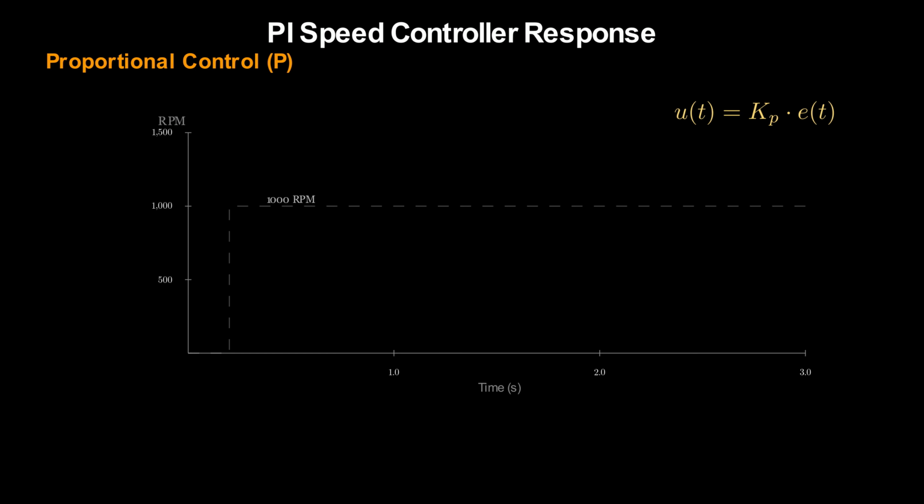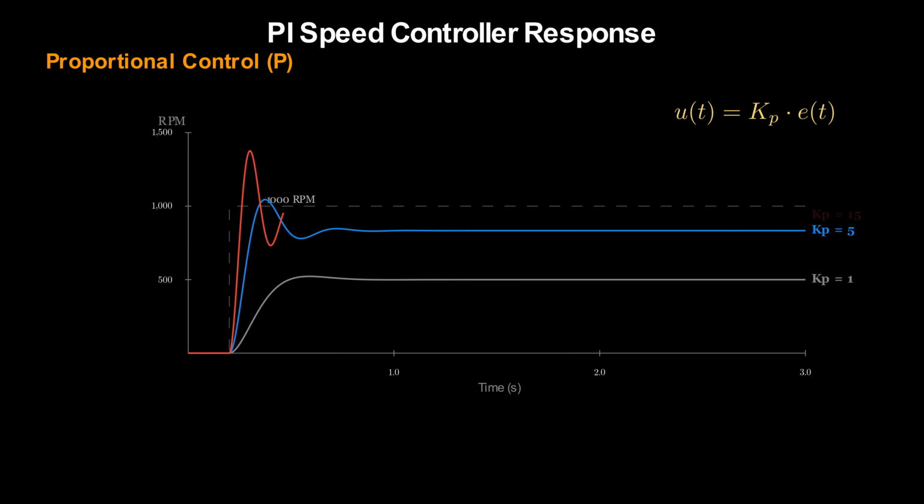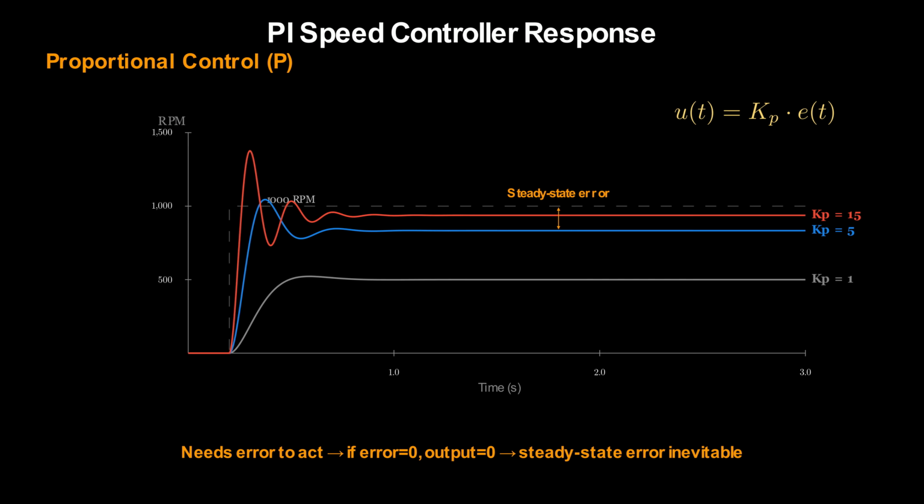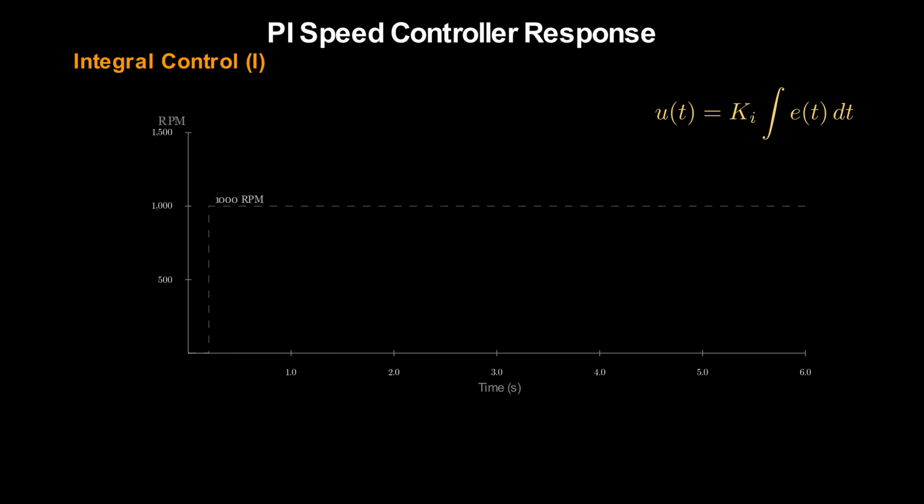First, with proportional control, or P control, increasing the gain helps reach the target speed faster. However, this can lead to overshoot, and it inherently leaves a steady-state error, meaning it never quite reaches the exact target. That's where integral control, or I control, comes in.